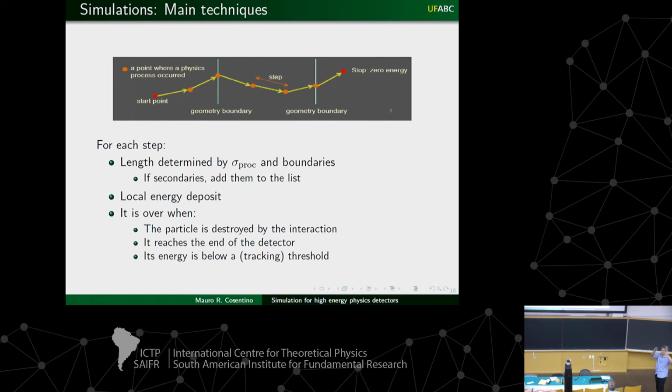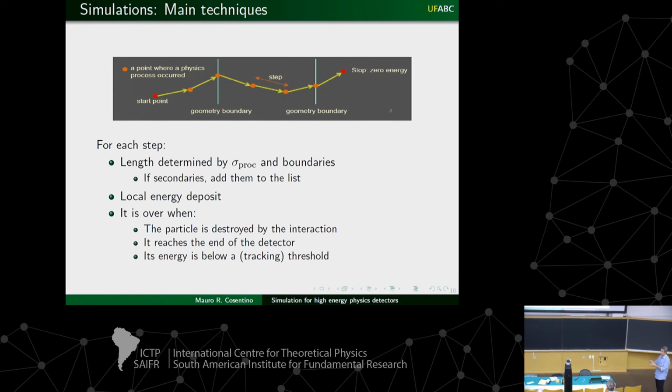So we start, let's say, with 10 particles coming from the original collision. Then one of the particles, let's say a photon, creates a pair, an electron and a positron. This electron and positron will be added to the list and treated later, right? For each step, it will also calculate the local energy deposit, and this process is over when the particle is destroyed by the interaction.